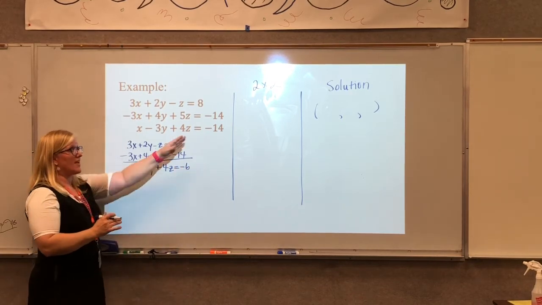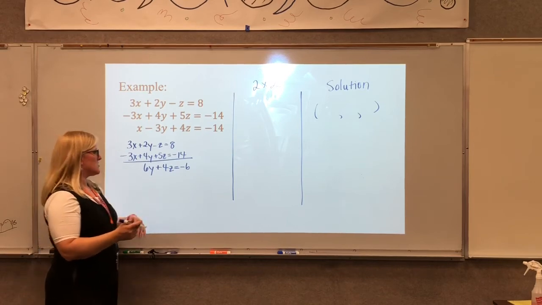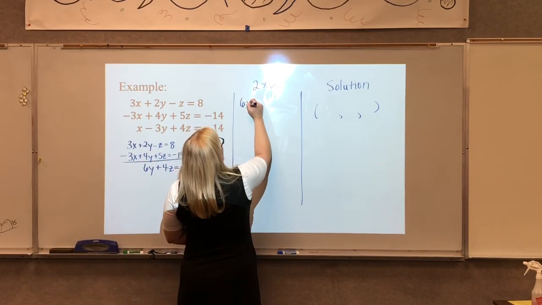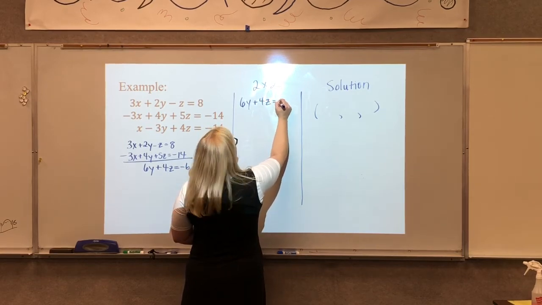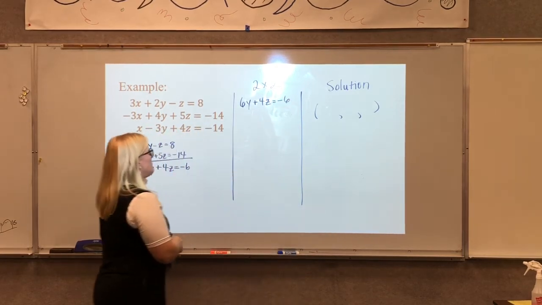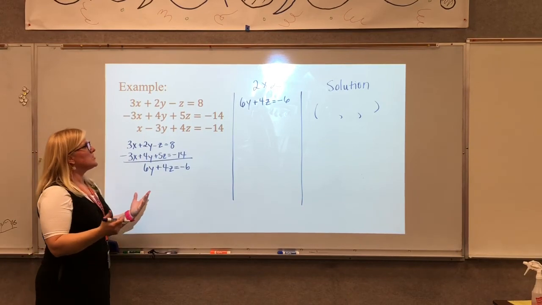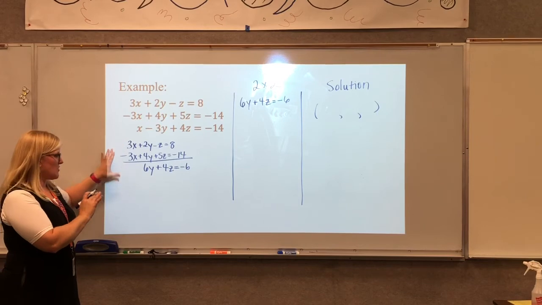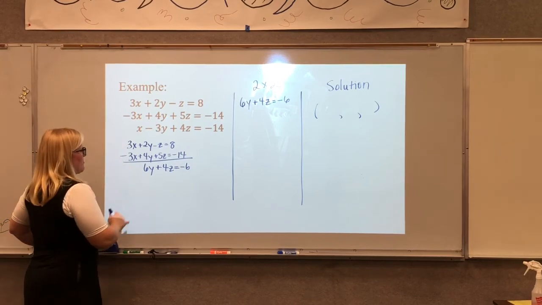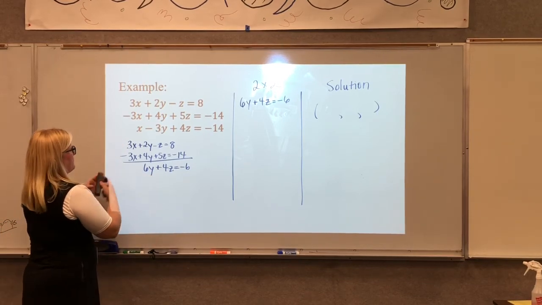There's one of my 2x2 equations. So I'm going to write that over here. 6y plus 4z equals negative 6. Now I need to pick 2 different equations. I'm going to erase this because I don't have enough space. But that's how I got that first one.